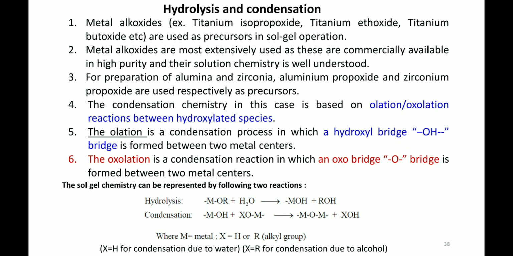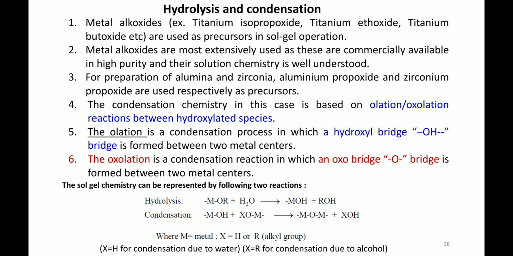Olation is a condensation process in which a hydroxyl bridge, that is OH bridge, is formed between two metal centers. So if you take two metals, in between the two metals there is a bridge formed by OH. This is called a hydroxyl bridge, and if this type of condensation of two metal molecules takes place, then we call this olation.